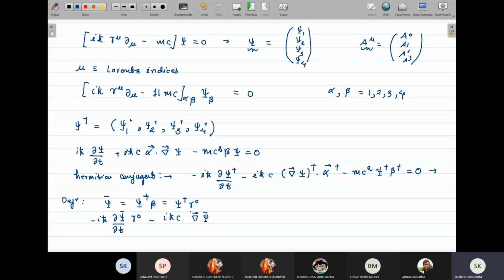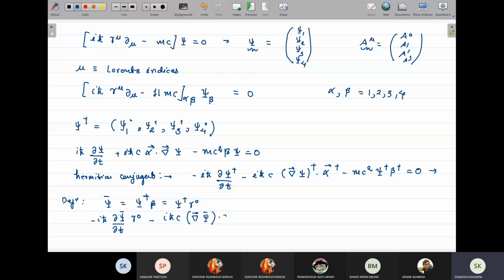One gamma 0 has gone, and the next gamma 0 will attach with this vector alpha from the left, since beta alpha makes it vector gamma.